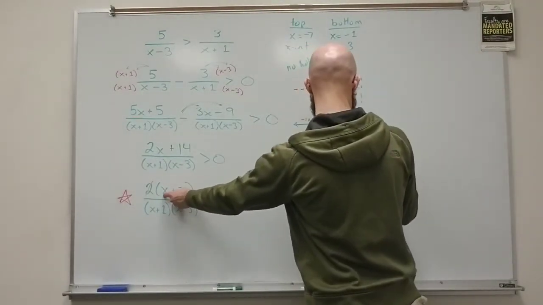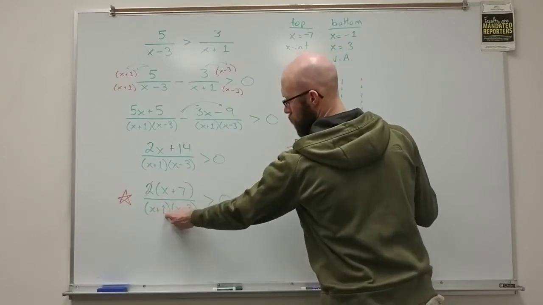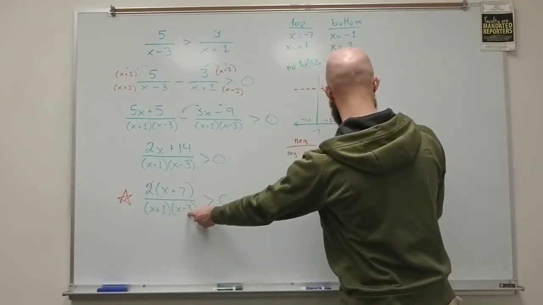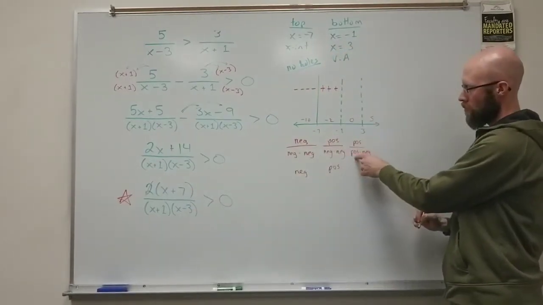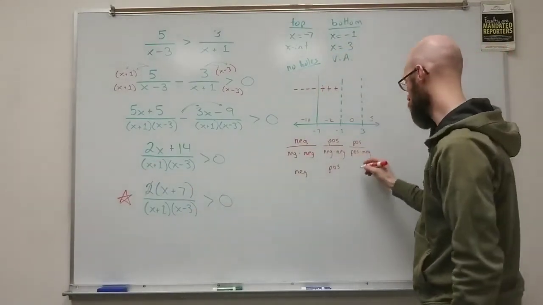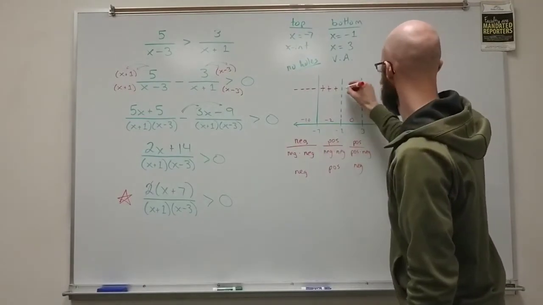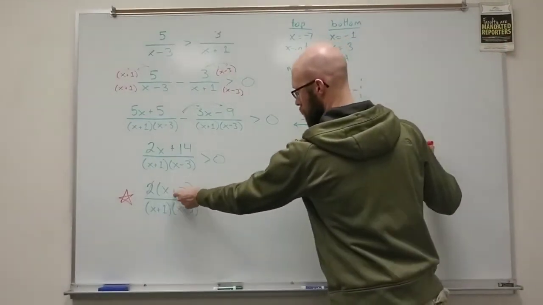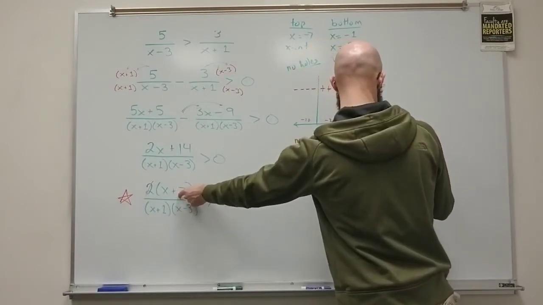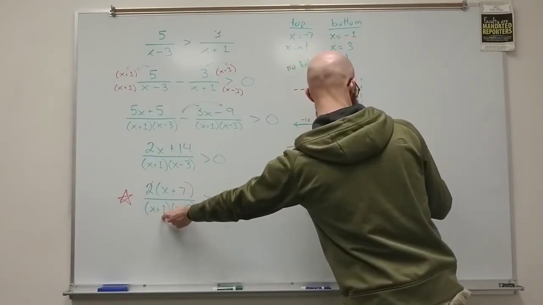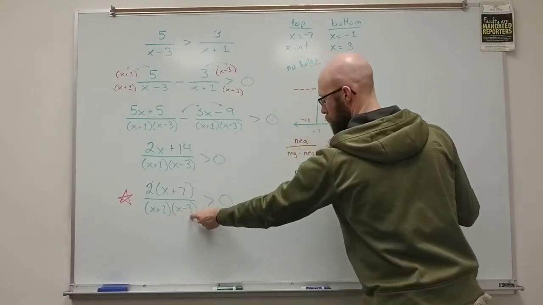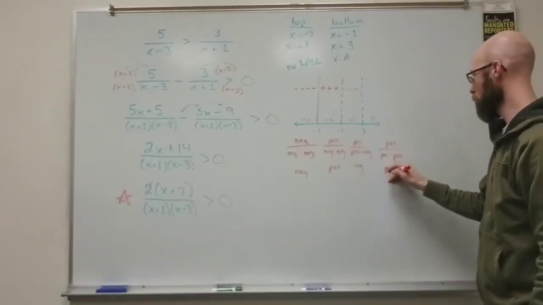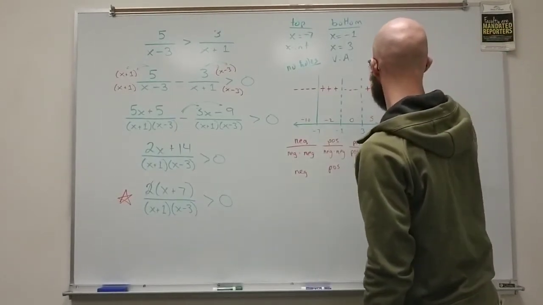That gives me a positive on top. 0 plus 1 is positive. 0 minus 3 is negative. I get positive over a negative, which is negative, 1 negative. And then finally the 5, plug that in. 5 plus 7 is positive. 5 plus 1 is positive. 5 minus 3 is also positive. Everything is positive, makes it positive.